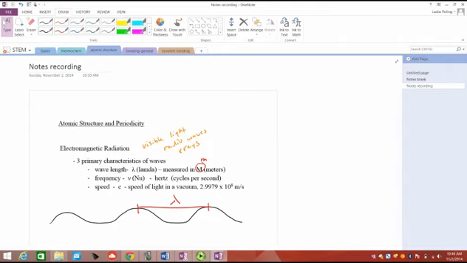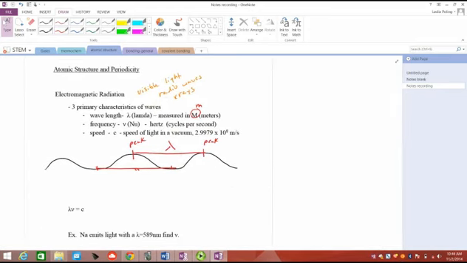And it is the distance, look, from peak to peak. But if we measure trough to trough, we have that same wavelength.